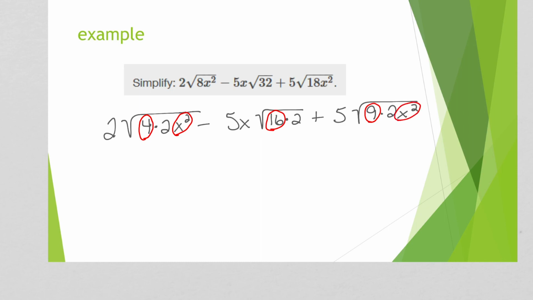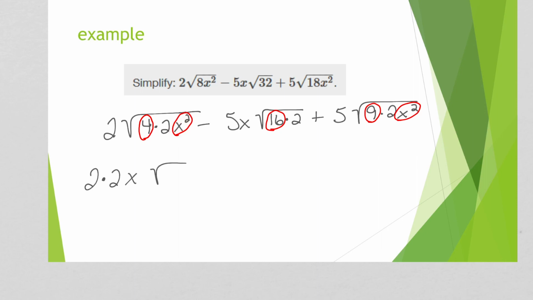that, and that. All right, so this first one, I've got 2 on the outside, so it's going to stay there. I'm going to take the square root of 4, which is 2. Take the square root of x squared, which is x.